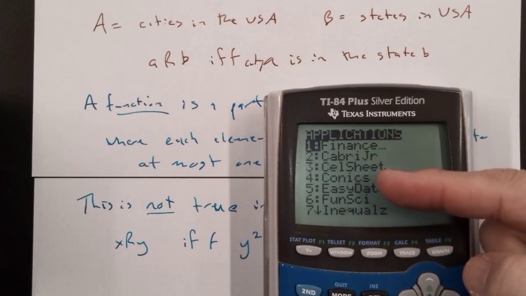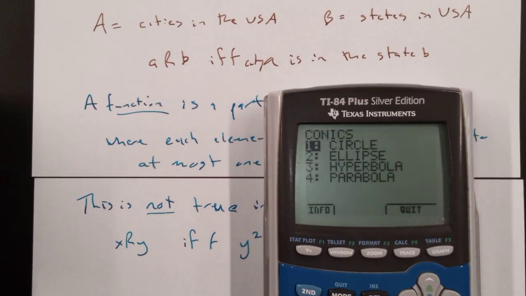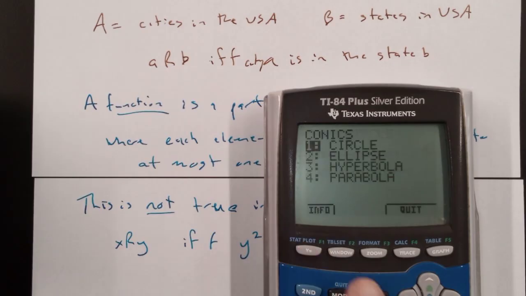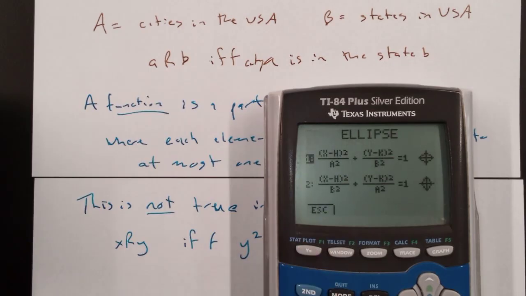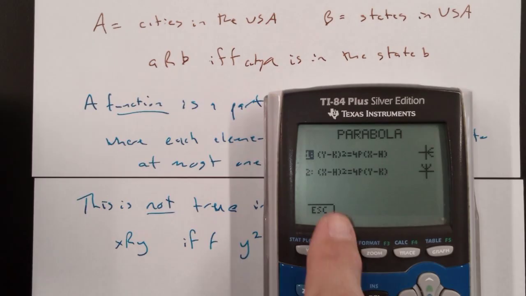Do I hit the apps button? And if I tap on one of these, it'll show me the equation. Y squared equals number X squared.